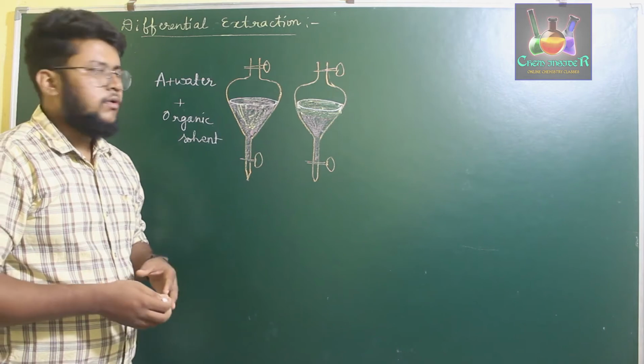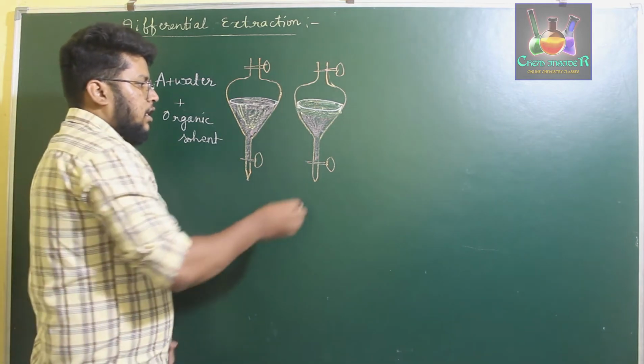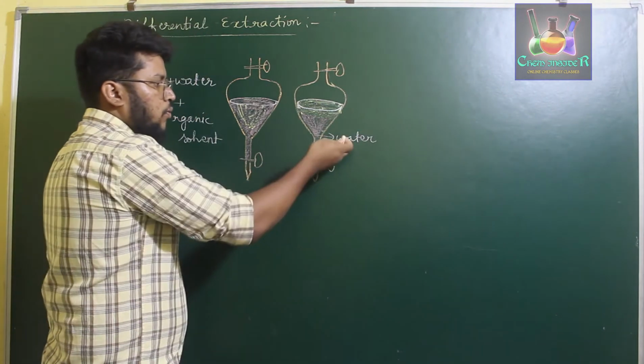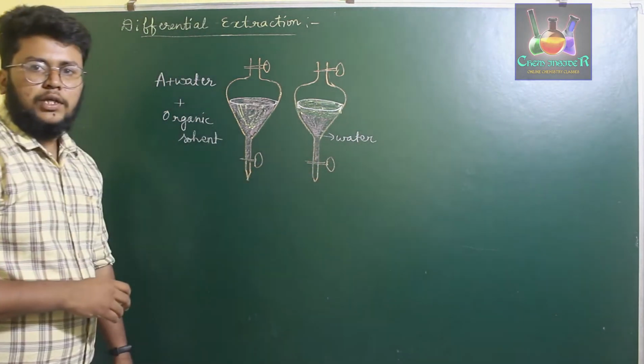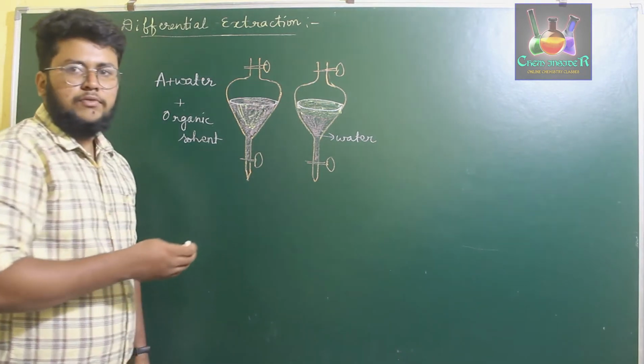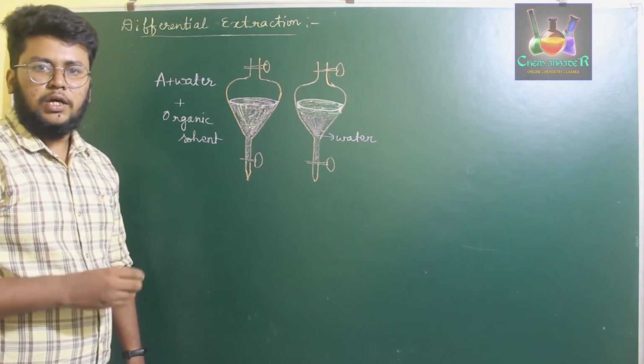Okay. So if water is collected at the bottom, we will separate water by removing the lower cork until a maximum amount of water has been removed.